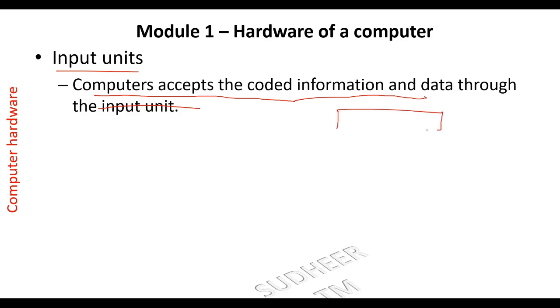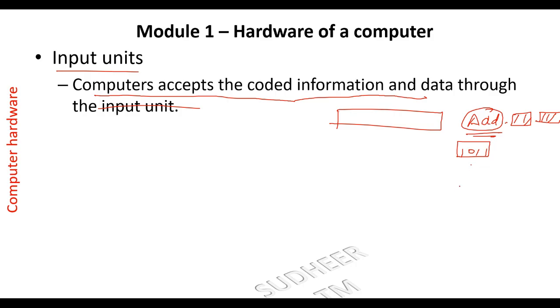Coded information means, say, I want to add two memory data. I cannot give an instruction like the word add to the processor. Instead, I will represent add by 1011. Whenever the CPU sees 1011, it will understand that it is to add.